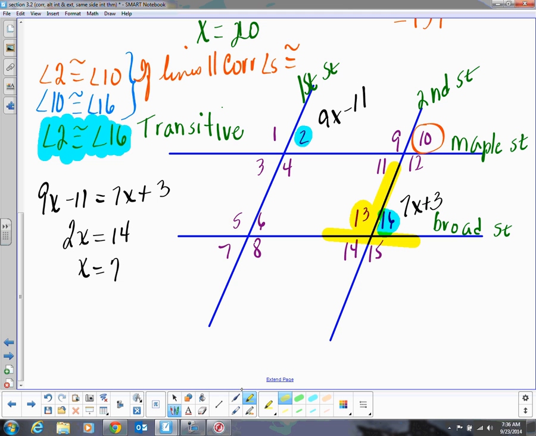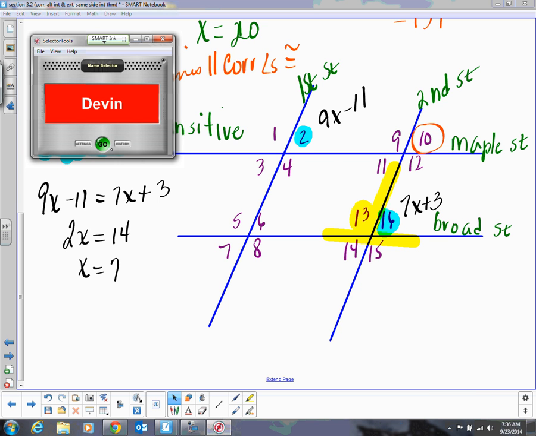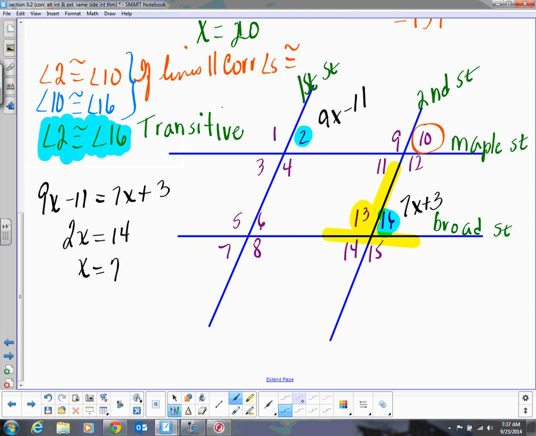So what is the relationship of linear pair angles, Devin? They add to 180. So how am I going to find angle 13, Amanda? How am I going to find angle 13? Jeff? What will I find first? What do you know?